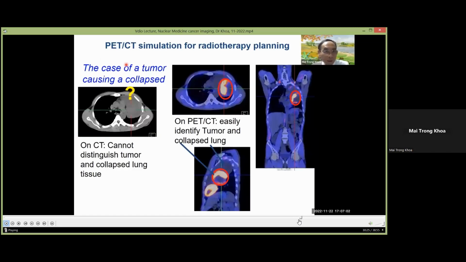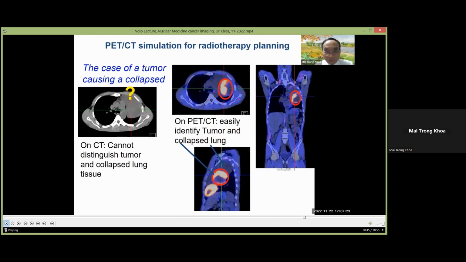You can see here, on CT we cannot distinguish the tumor and the lack of tissue. It is very difficult to see. But on PET-CT, you can see here, it is very easy to identify the tumor and the collapsed lung.